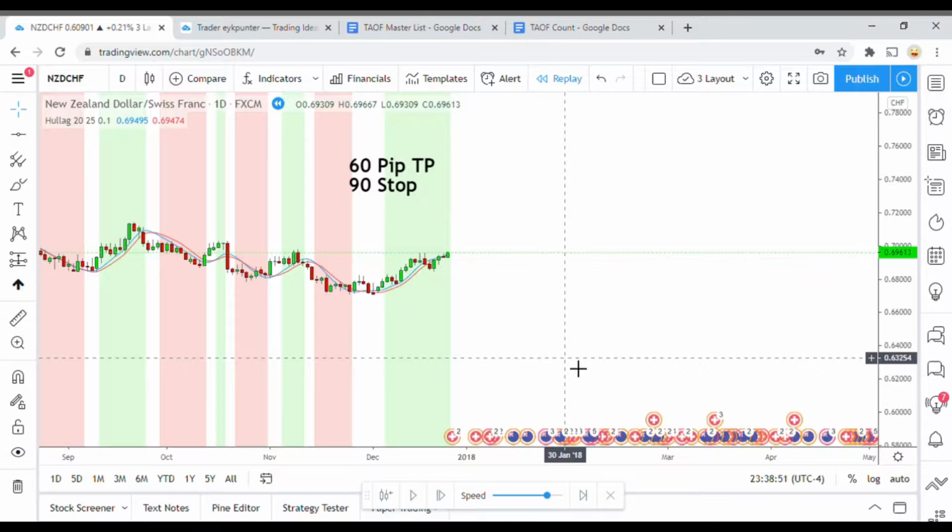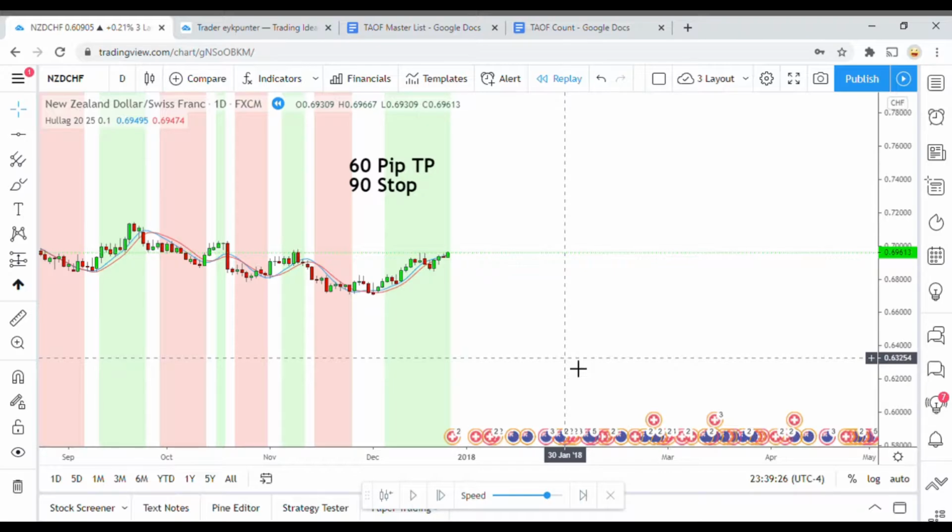And what they did was they set it up to where, instead of being just a simple two-line cross, a two Hall moving average cross, there's actually a little bit of a buffer area, or a kind of a choppiness zone, if you will, which is really cool, very intriguing.